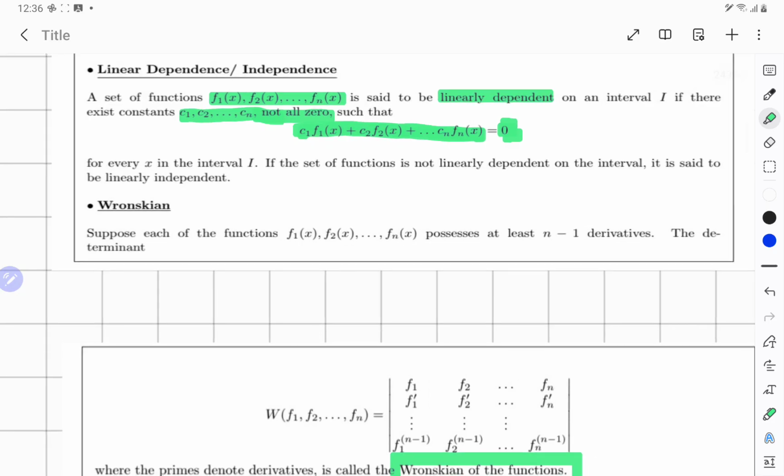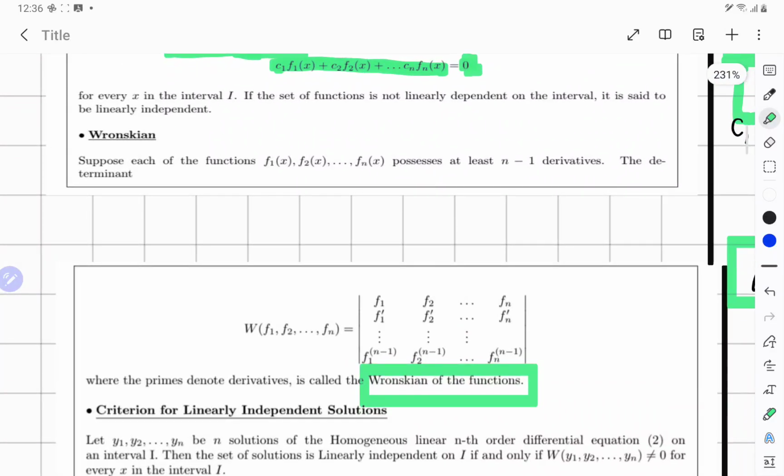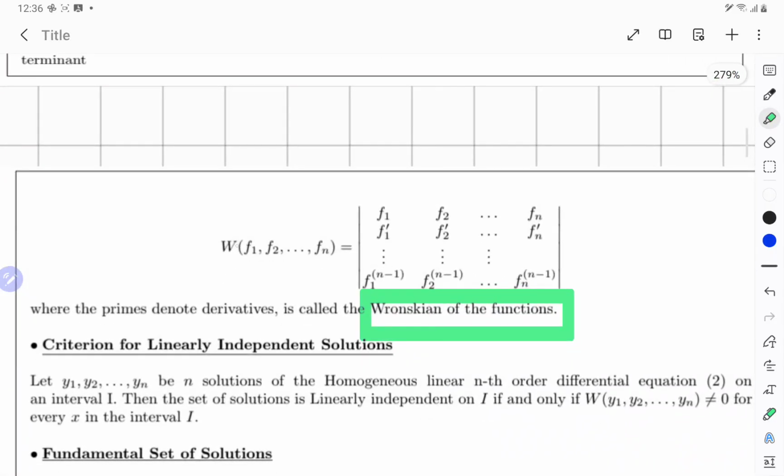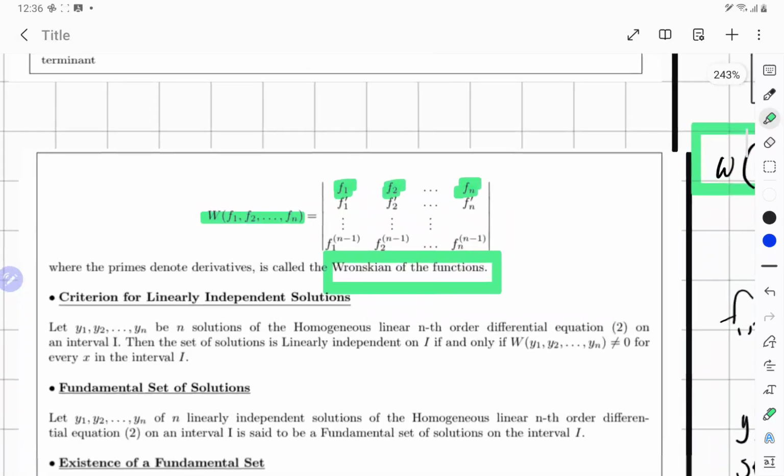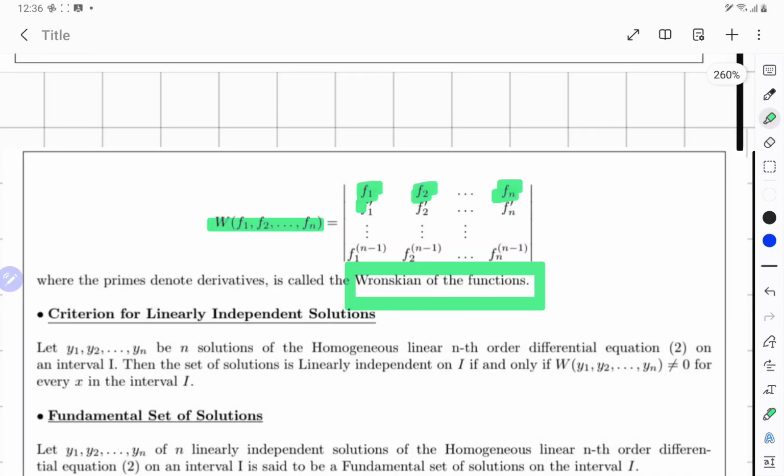That's for nth order. Now, how do we check whether or not they are linearly independent? We will do the same, the Wronskian. But now we have n functions. We will write our n functions in the first row. Then we will do F1 prime, F2 prime, Fn prime, so the first derivative of all of them in the next row.